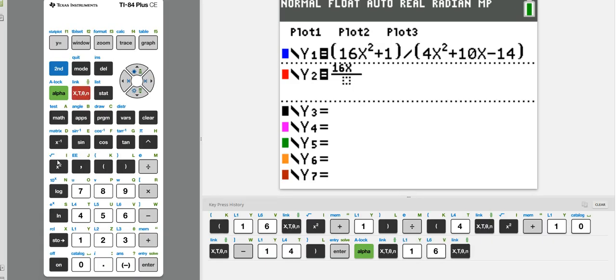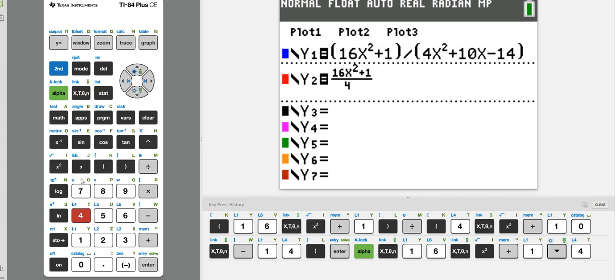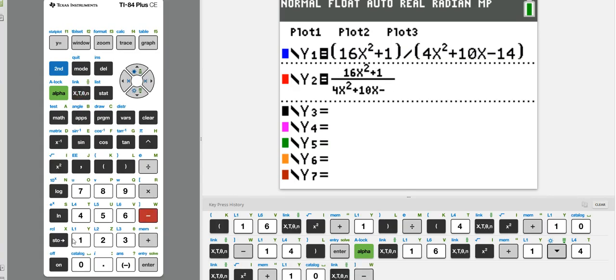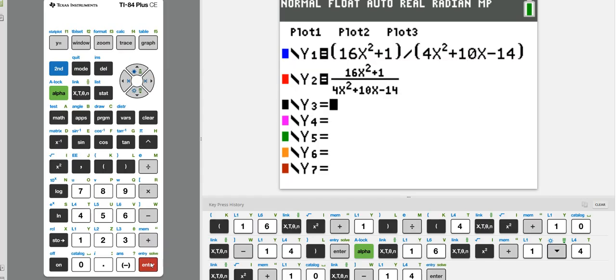It's 16x squared plus 1 divided by 4x squared plus 10x minus 14. So either way works. It's just whatever you find convenient. I do like the horizontal fractions because people make fewer mistakes with inputting the function and then their graphs.